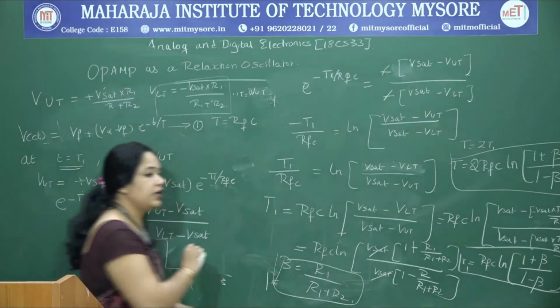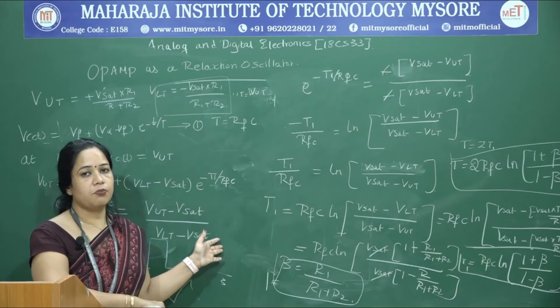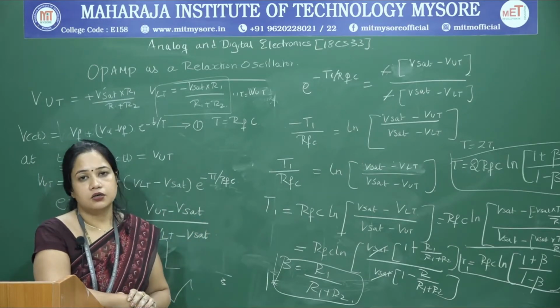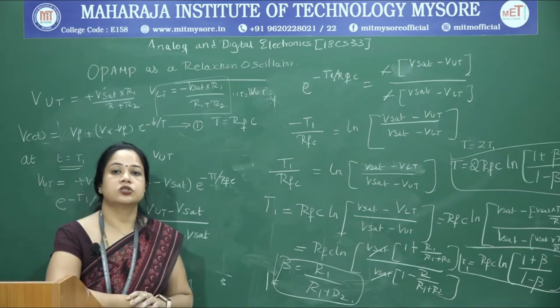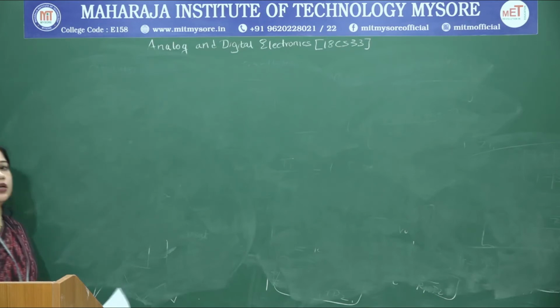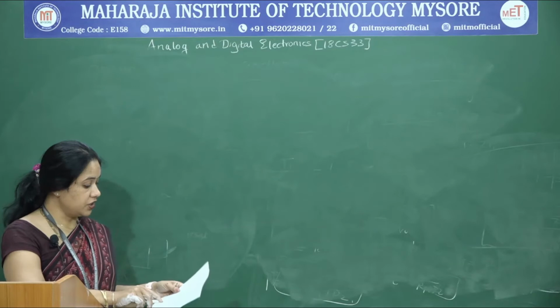We will quickly look into the design equations, and take up a problem on the design of a relaxation oscillator before we give an introduction to the next topic. So, now we will look into the design of a relaxation oscillator.